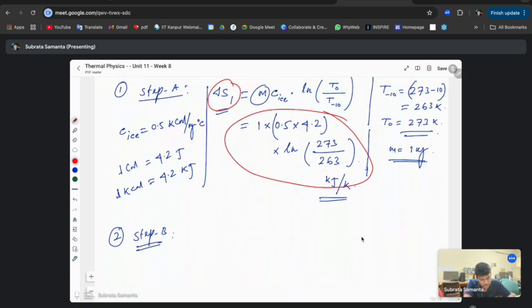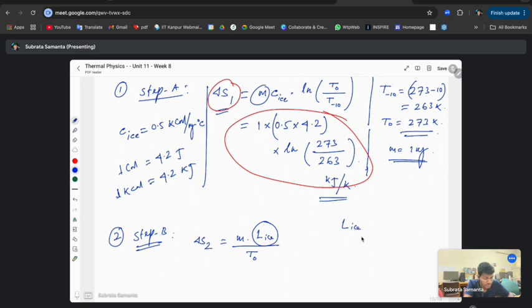So delta S2 is the mass times the latent heat of ice, because ice is changing to water at 0 degree centigrade, so temperature T0.